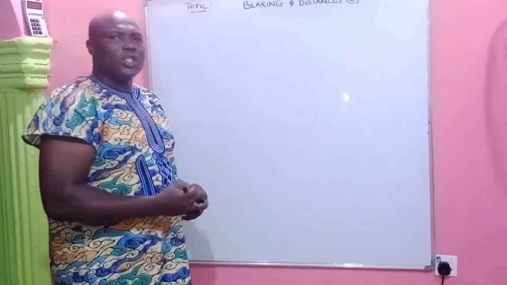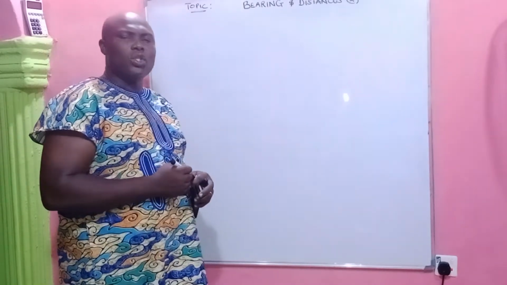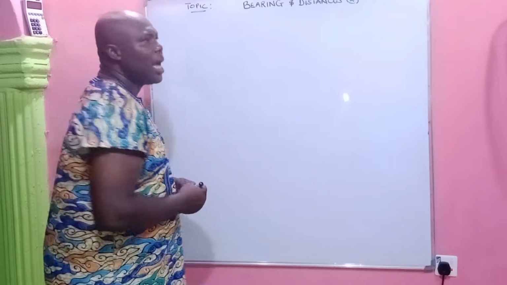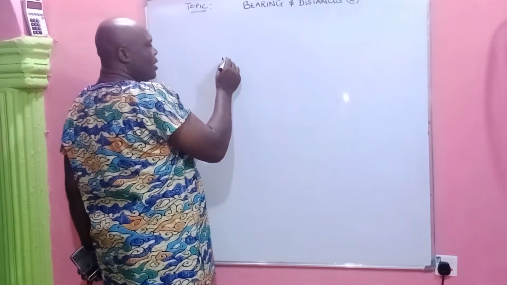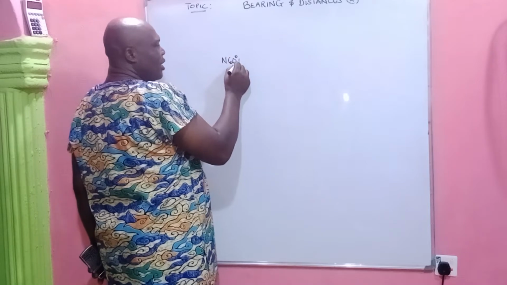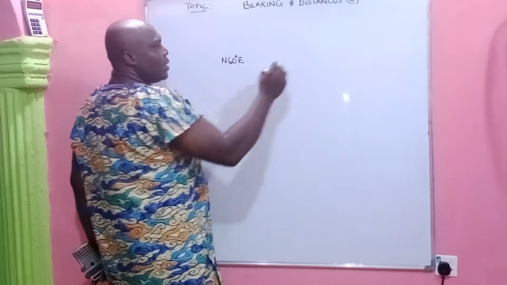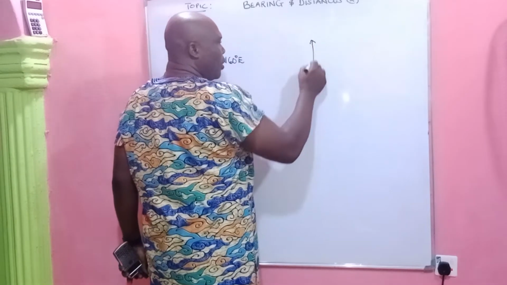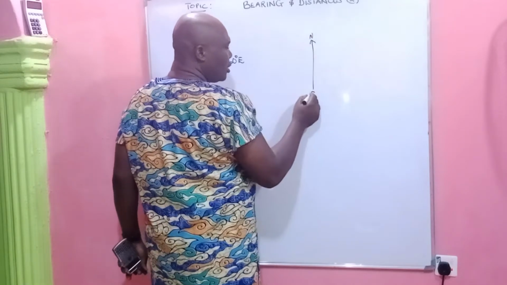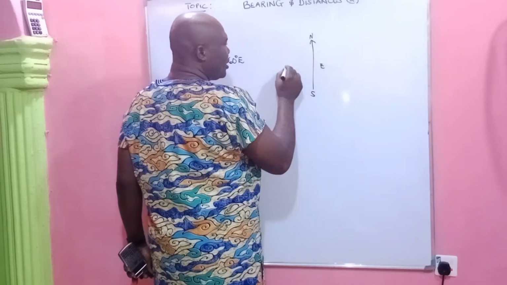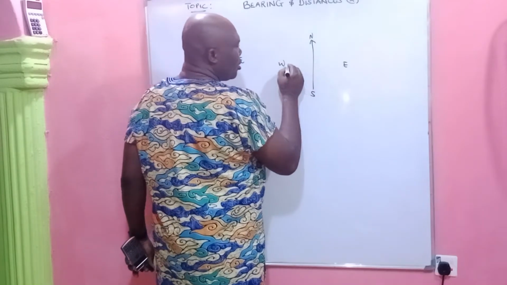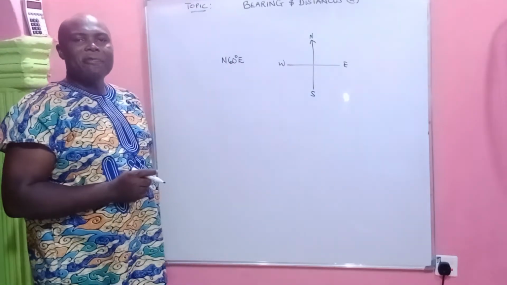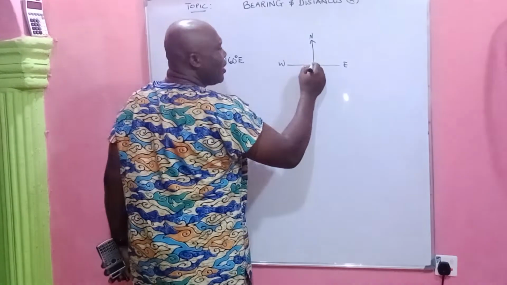Now, some bearings will be given using any 2 of the 4 cardinal points. For instance, we can have N 60 degrees east. If we look at the 4 cardinal points, this is the north, south, east, and west. So we can have a bearing given in this direction.